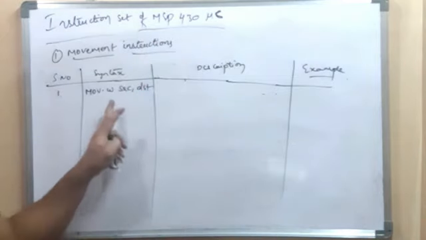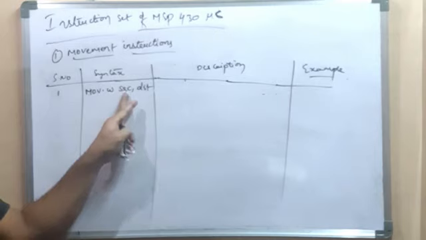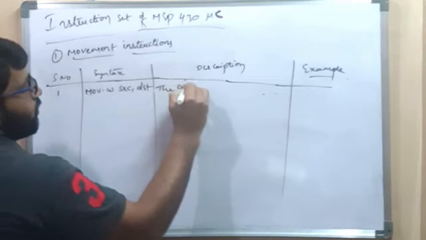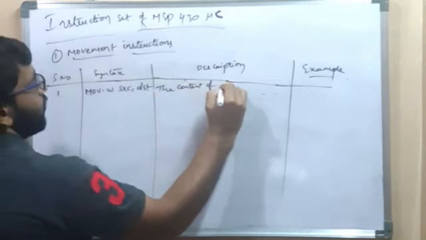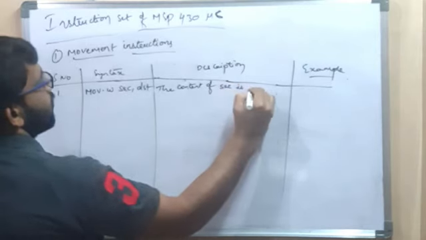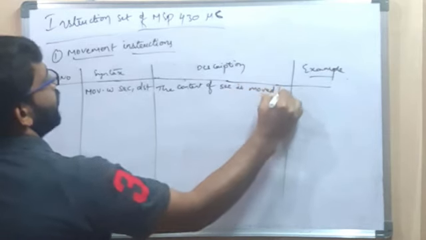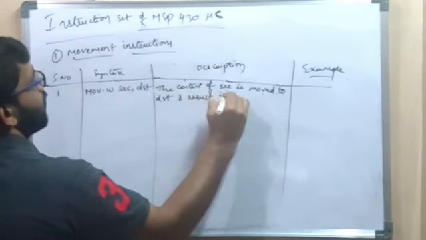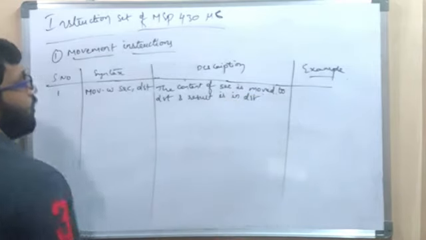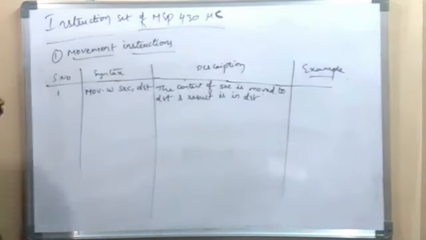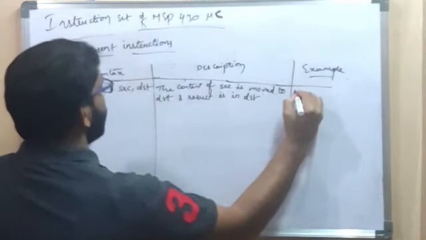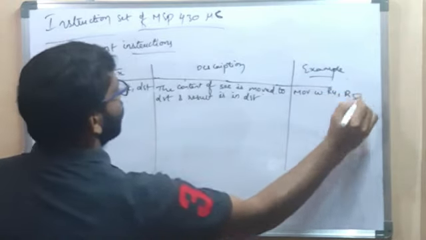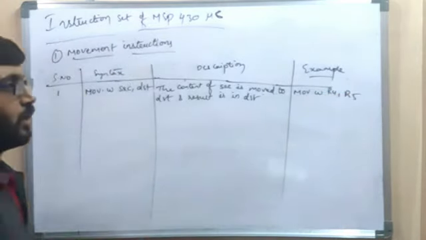The data type here is W. The meaning of this is the content of SRC is moved to DST and the result is in DST. For example, if you take mov.w R4 comma R5, this is an example of register addressing mode.